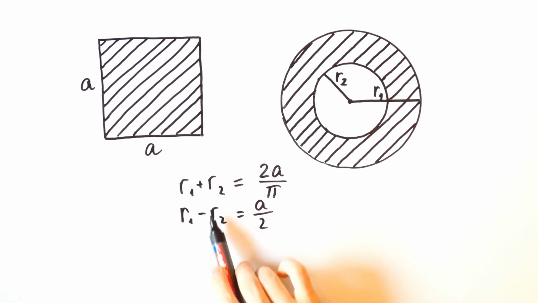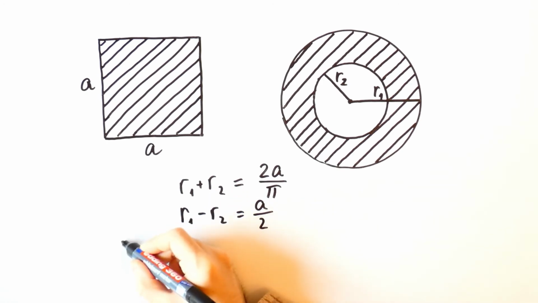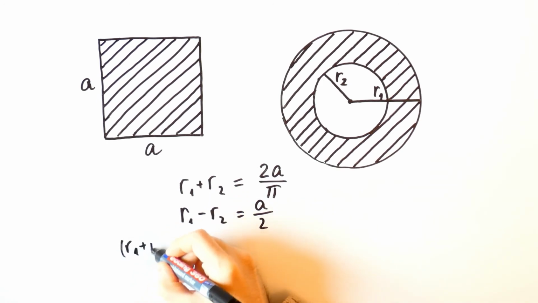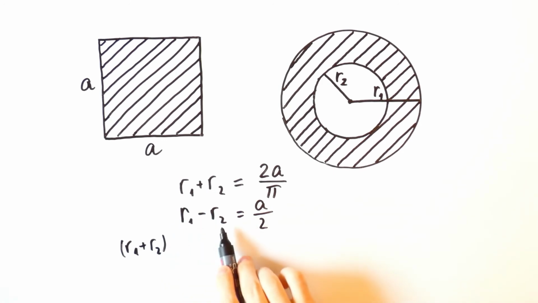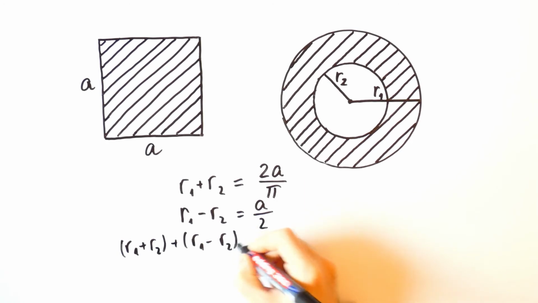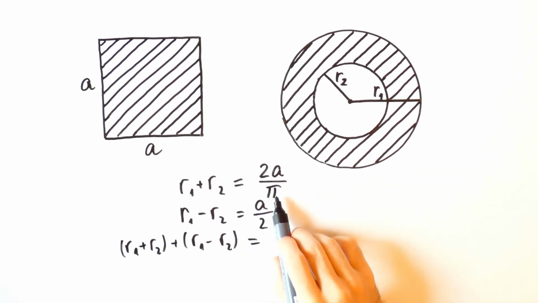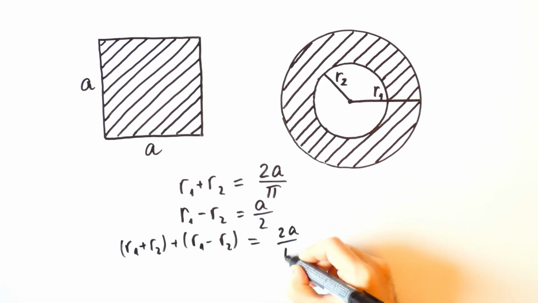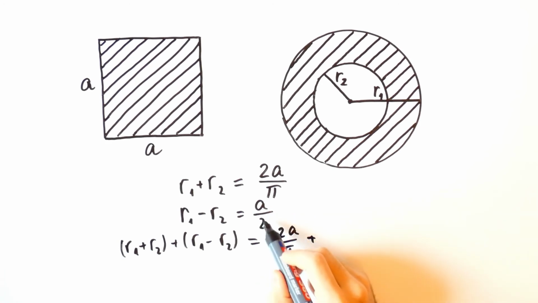Now when we add these two expressions, we get that r1 plus r2 plus r1 minus r2 is equal to 2a over pi plus a over 2.